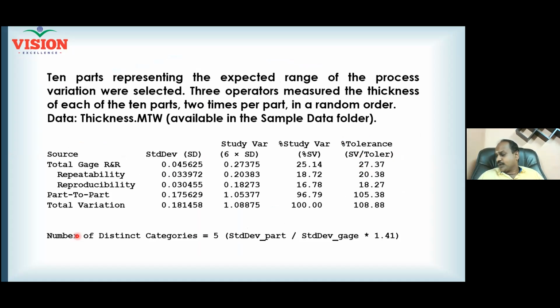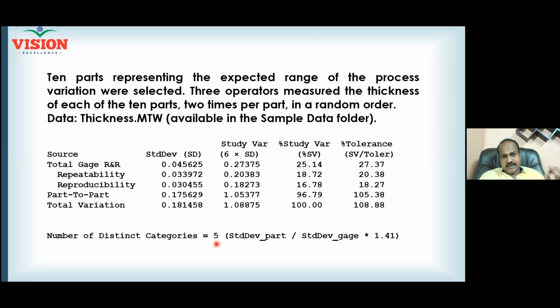And look here, the software also gives you NDC. I already told you, NDC is calculated by multiplying the ratio, standard deviation of the parts divided by standard deviation of the gauge, by 1.41. That makes your NDC 5. The minimum requirement is 5. This is how you understand the capability as well as adequacy.